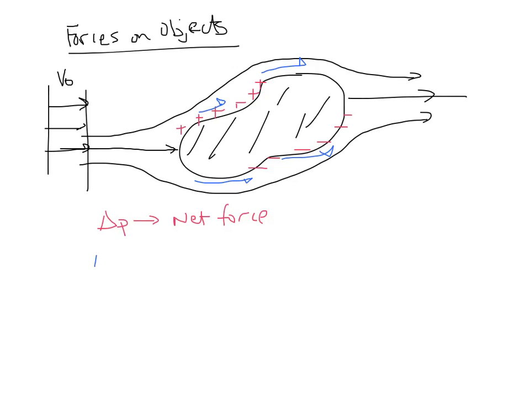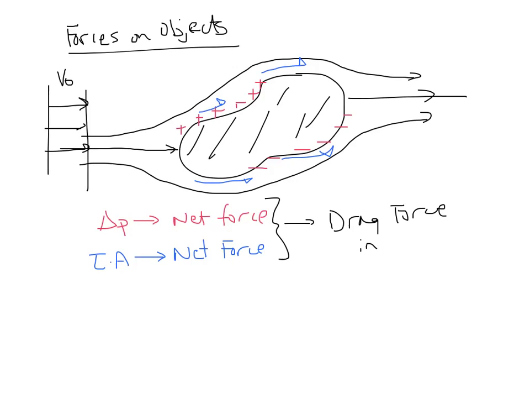So the tau times A leads to a net force. And so together, pressure plus shear stress creates a drag force in the direction of flow, where here I'm writing it as the x direction.